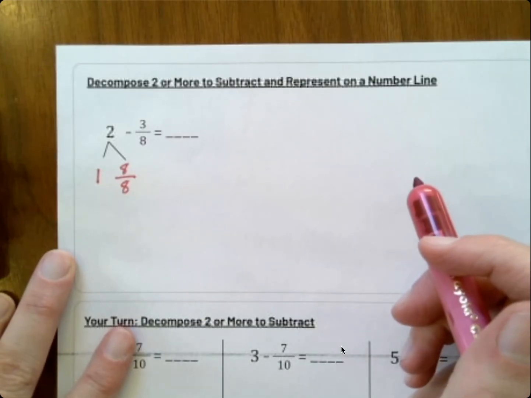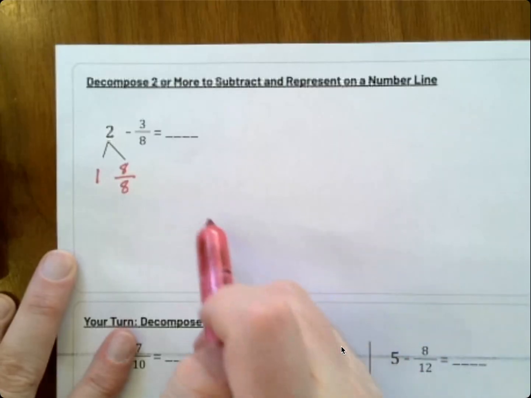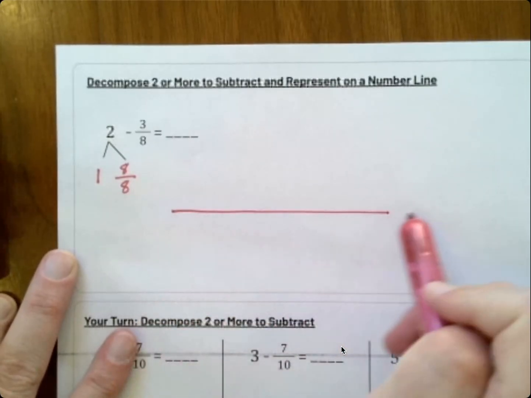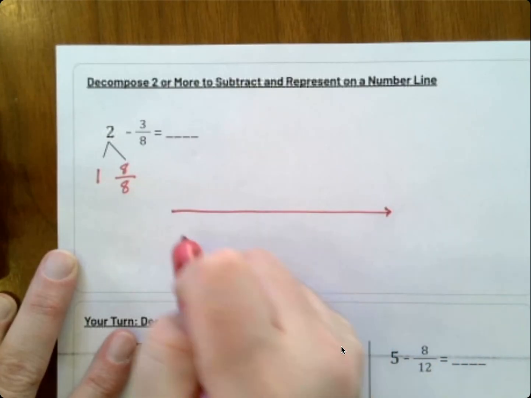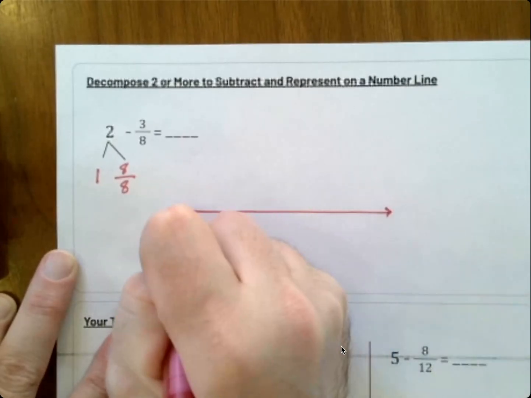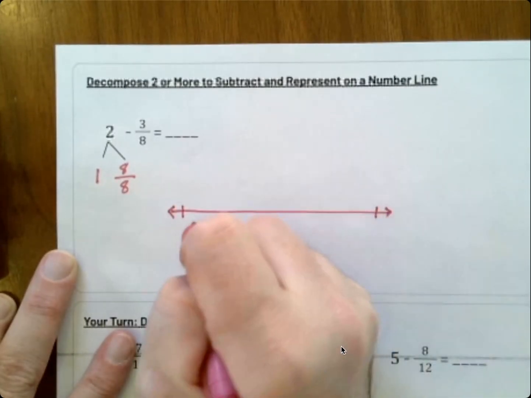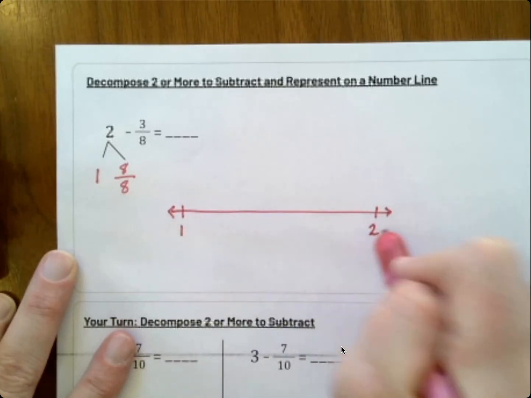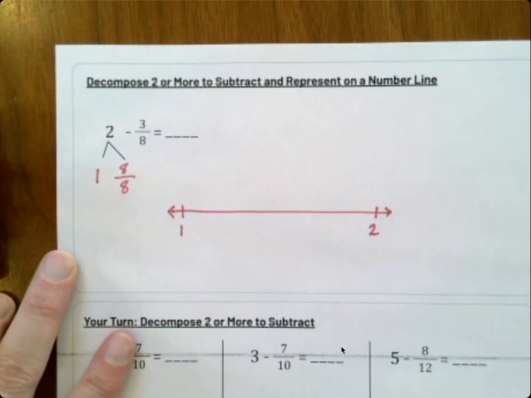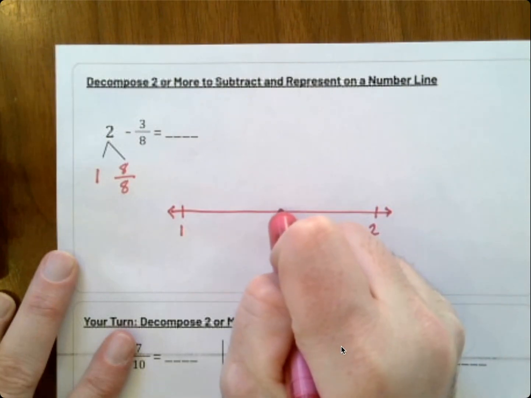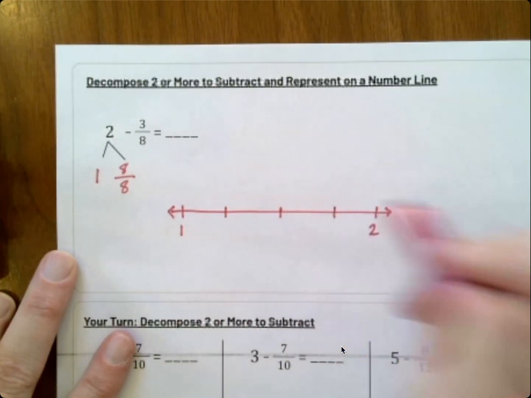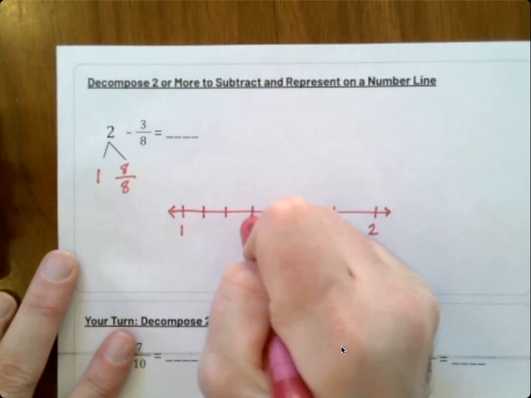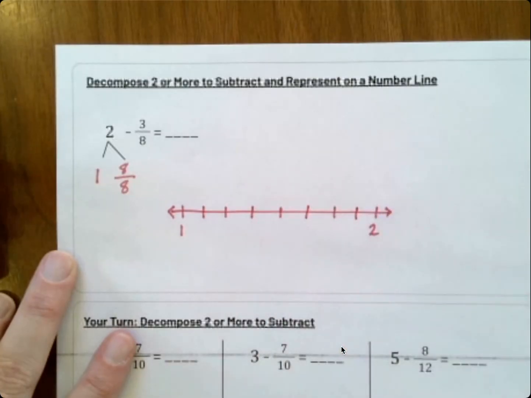So on my number line, when I want to show this, I'm going to actually put my number line between 1 and 2, because I know that my result is going to be greater than 1, less than 2. So I need to partition this into eighths, so I could do half, and then fourths, and then eighths.